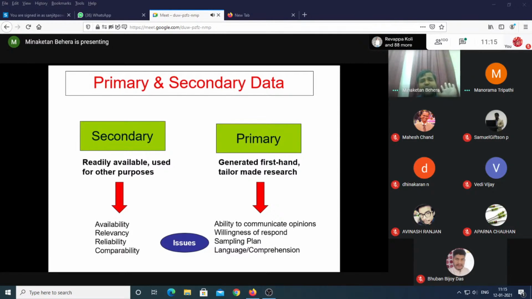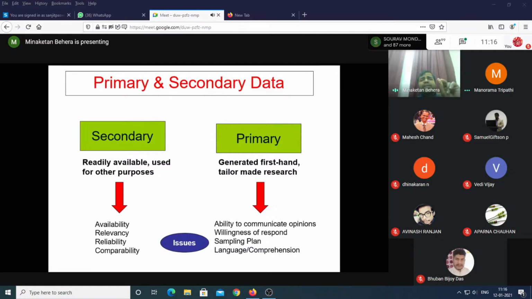Second, secondary data means data that is not first-hand; it is already collected by another researcher, and you are using it for your research work.